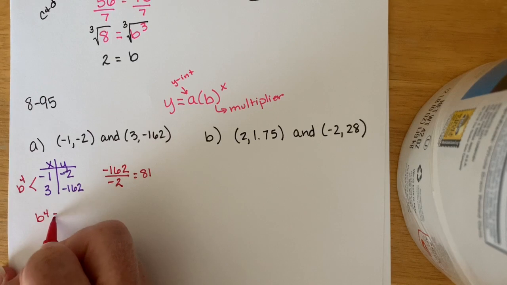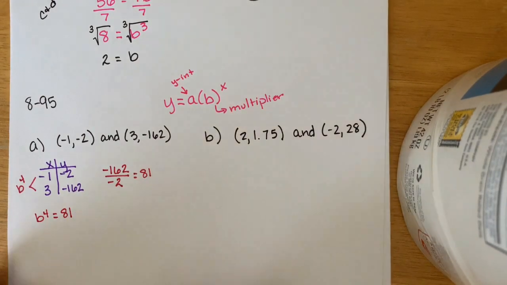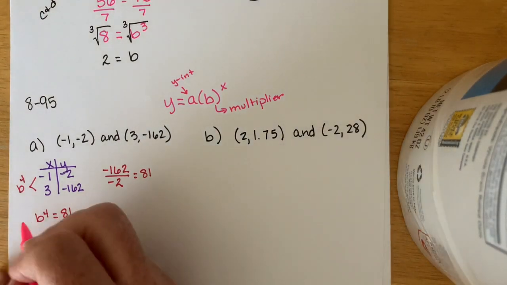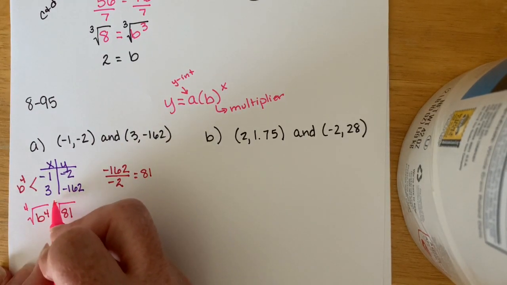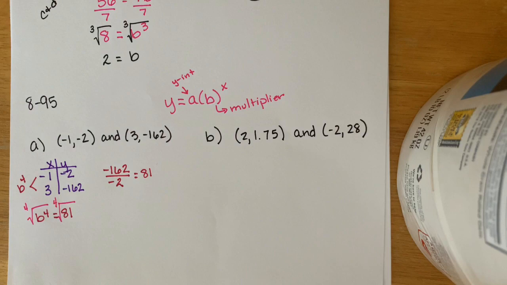But we used 4 b's to get there. So we know that we multiplied b times b times b times b to get 81. Now, just like in that problem I did for problem 91, I need to take the 4th root of b and the 4th root of 81.